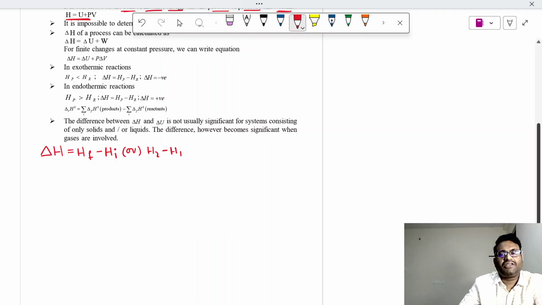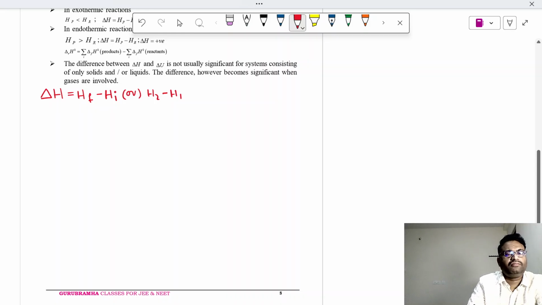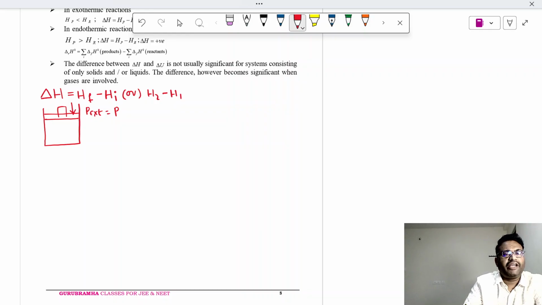For example, let us take a system. This is a system. So some gas is enclosed in this cylinder, right? So here let P be the external pressure, which is equal to constant.